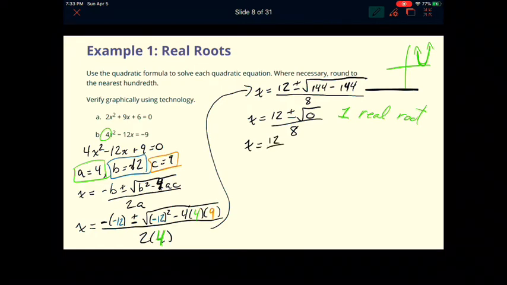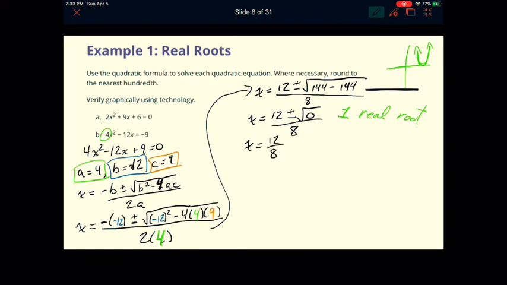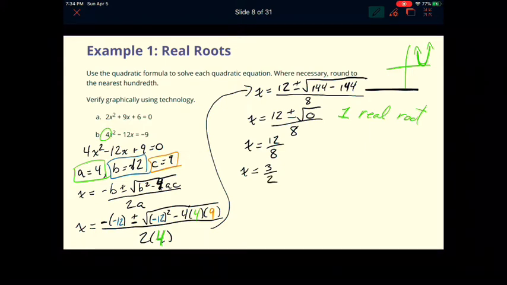So 12 divided by 8. And we can break that down to 3 over 2, dividing each bit by 4. So our lowest fraction is 3 over 2, or 3 halves. So now I can put that in. So that's the same as 1.5.